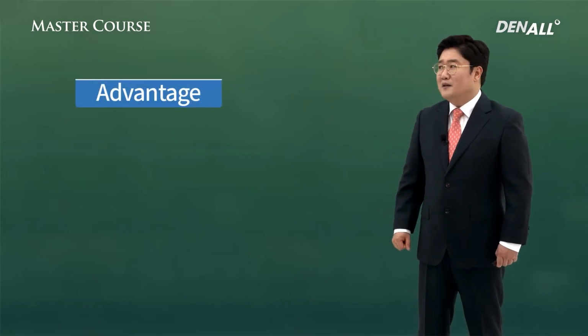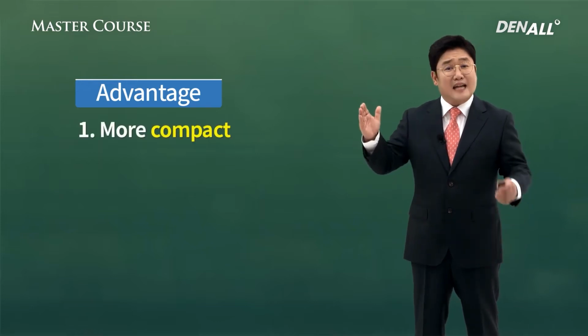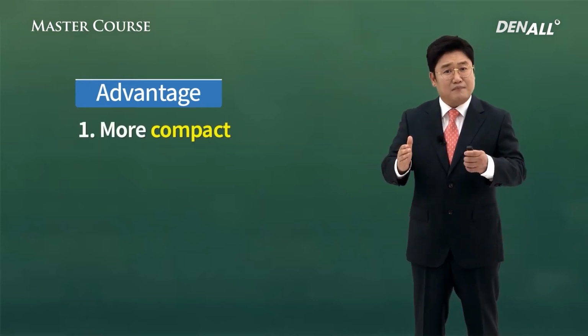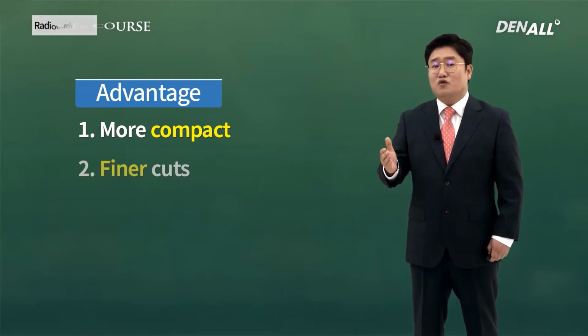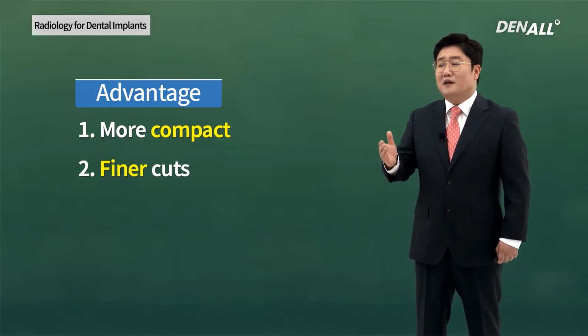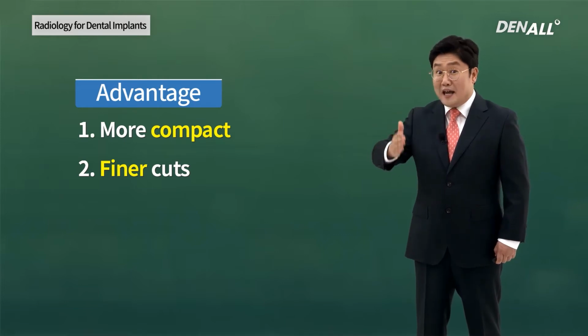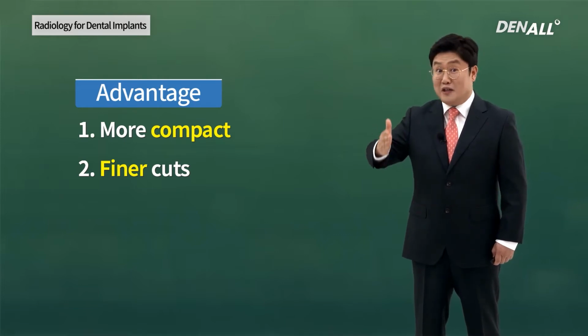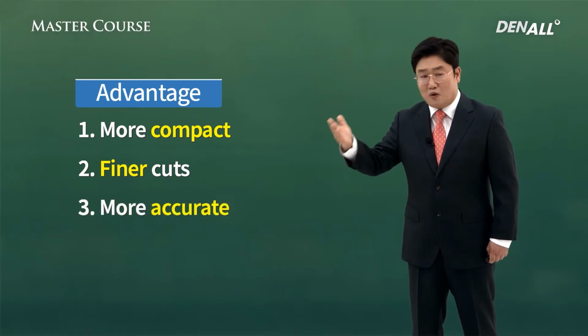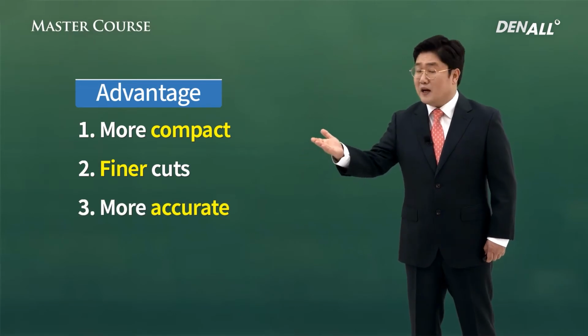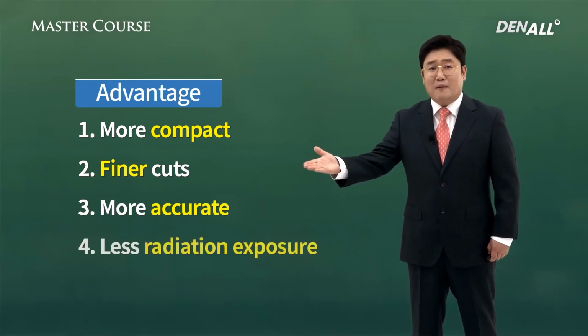The advantages: 1. The equipment has become compact, so it occupies less space. 2. Finer cuts of images can be acquired. 3. Finer images are the basis, therefore the information has become more accurate. 4.